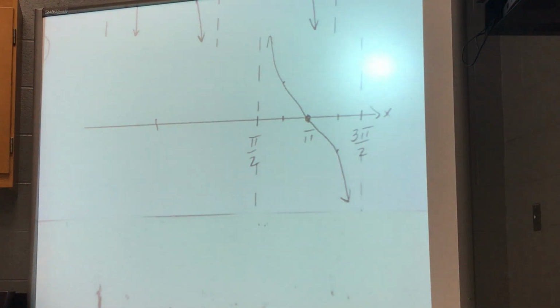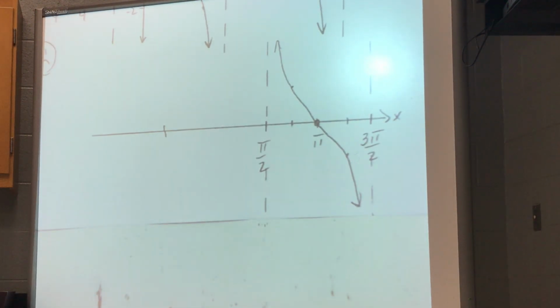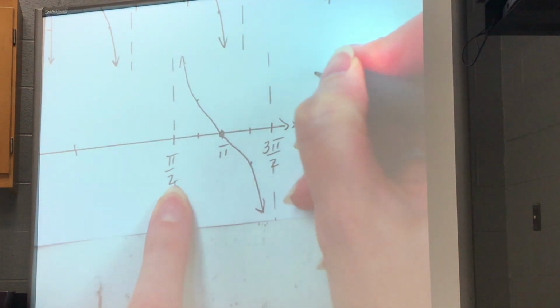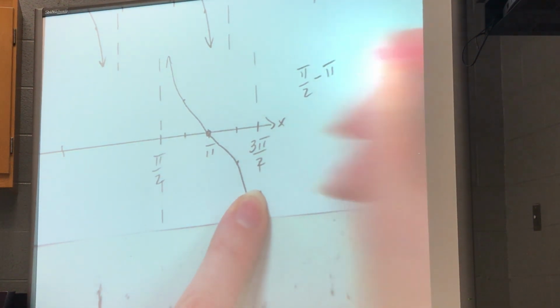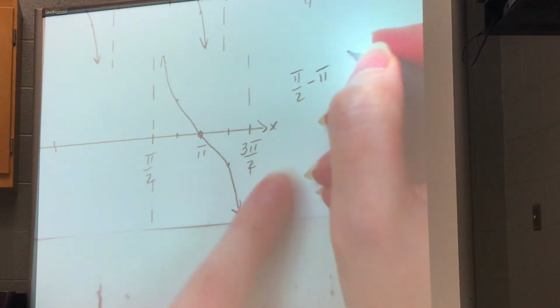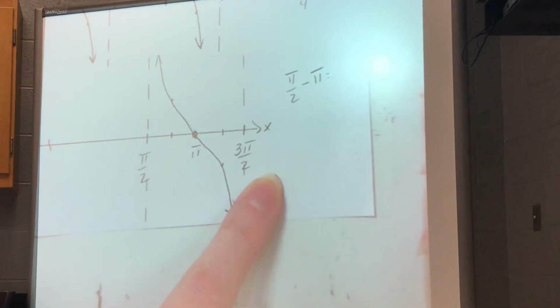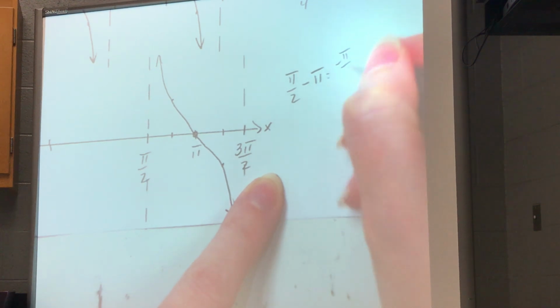To find my other period, I'm going to go to the left. So since I'm going to the left, I'm going to take pi over 2, and what do I need to do? Subtract the period. So what do y'all think? Pi over 2 minus pi? Negative pi over 2. Good.